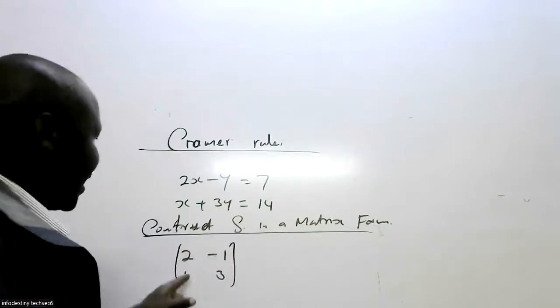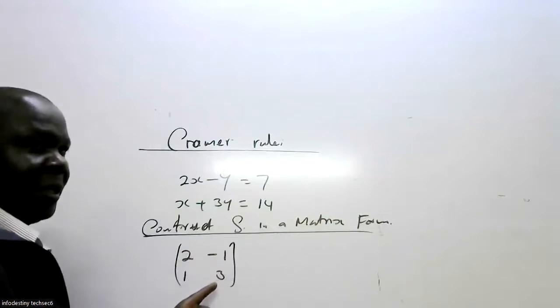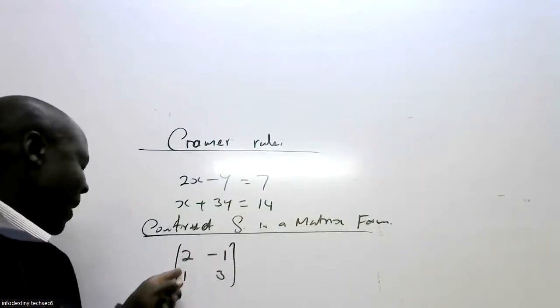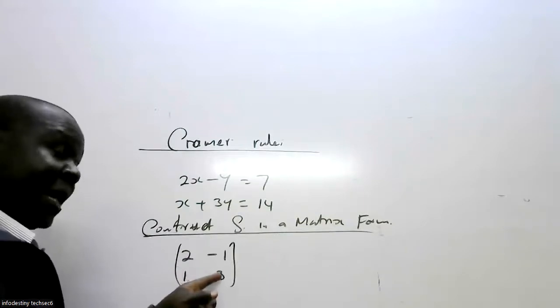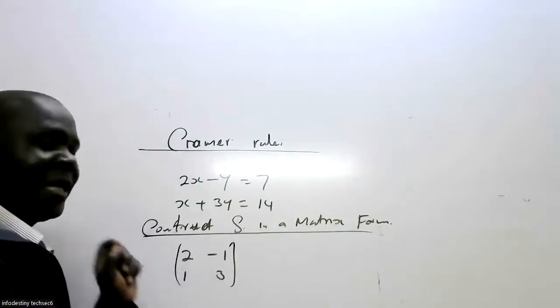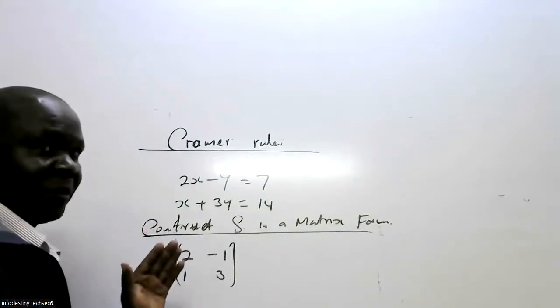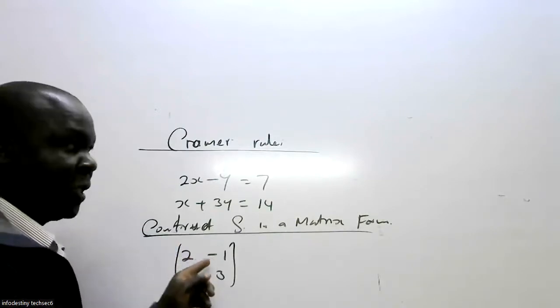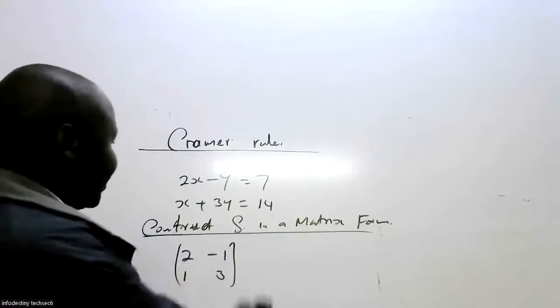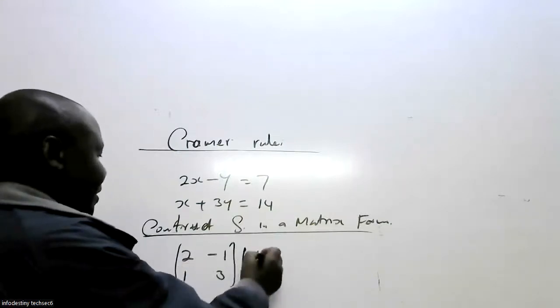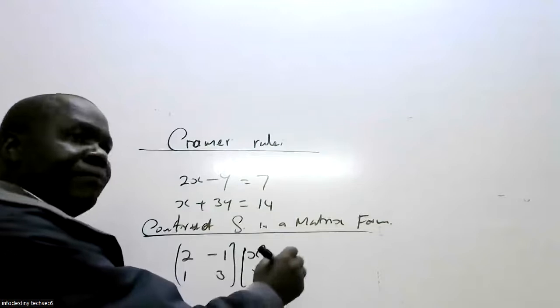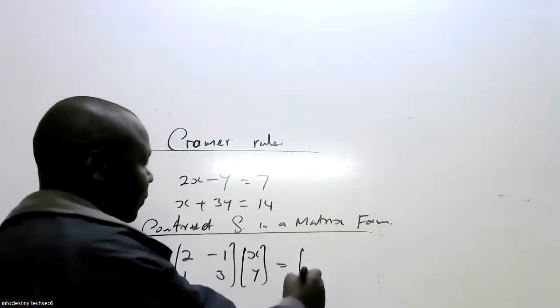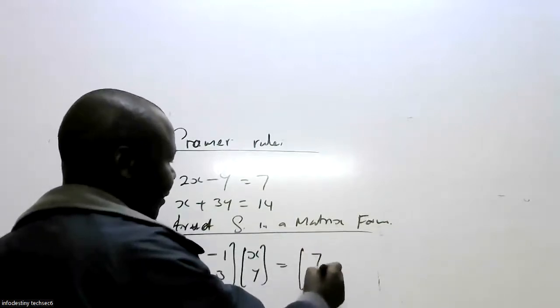Now remember, these are x and these are y, and remember how we use multiplication, row by column. So we arrange x and y like this: x, y will be equal to 7 and then 14.